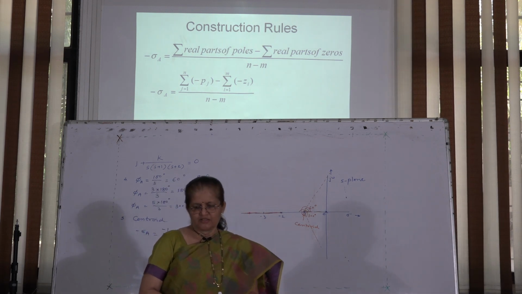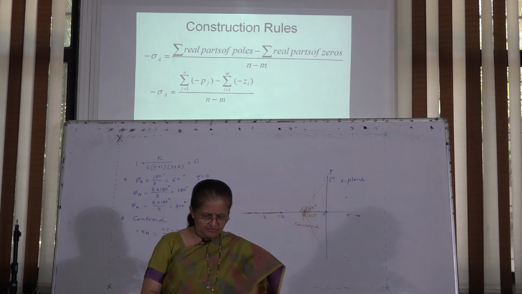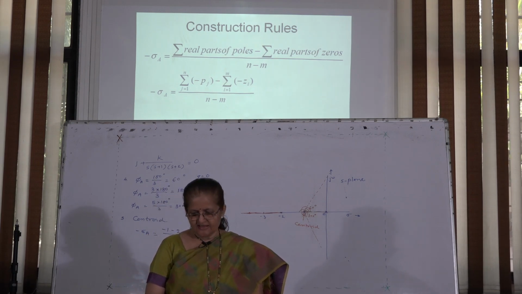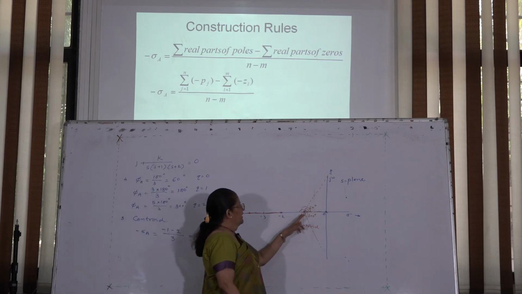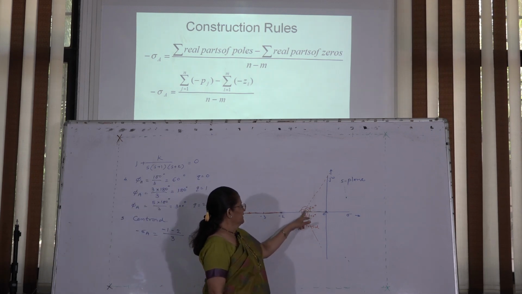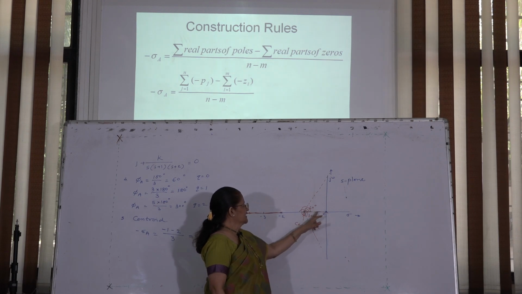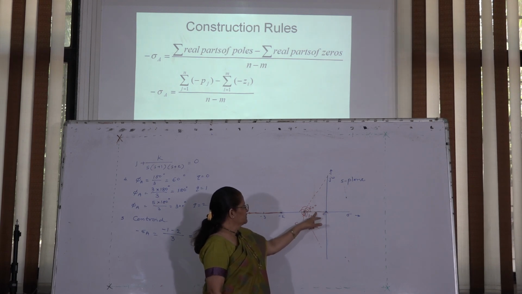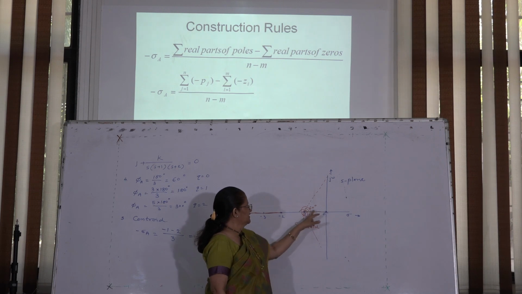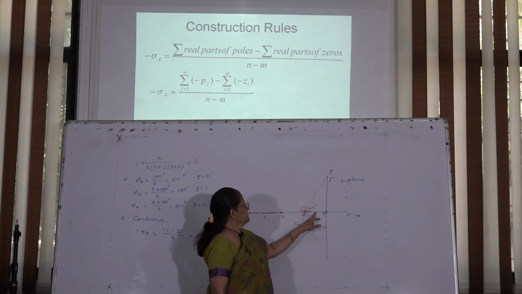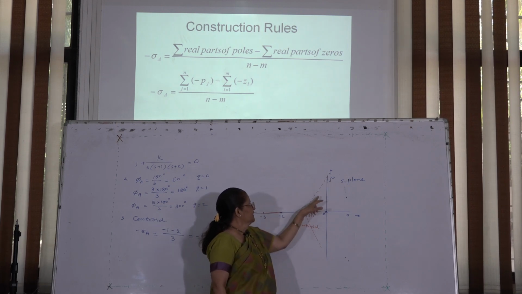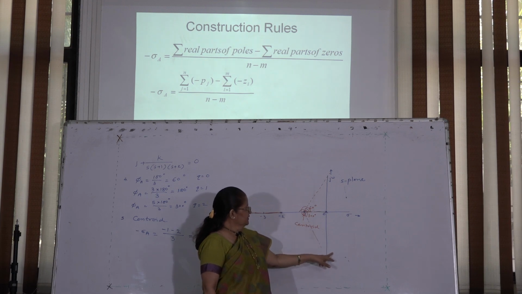Along with the other asymptotes, one branch will start from this pole, one branch will start from this pole, they will meet somewhere here because this part of the real axis is on the root locus, and they will break away from this point and follow this asymptote, and the second will follow that asymptote.